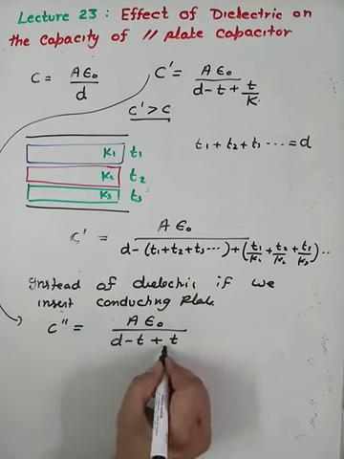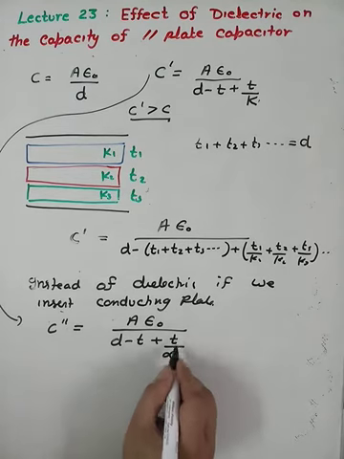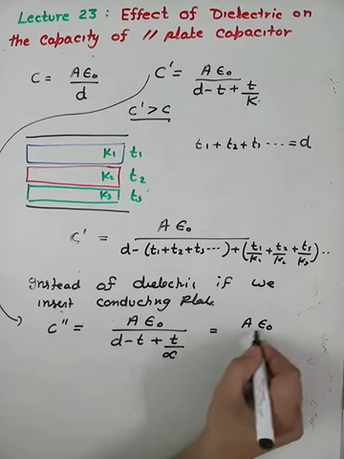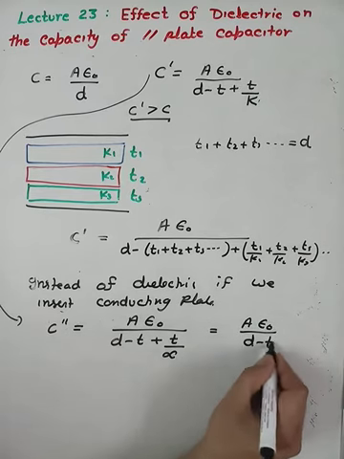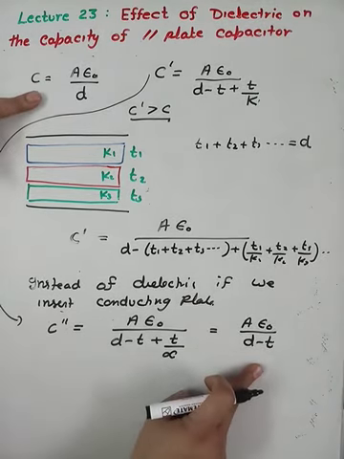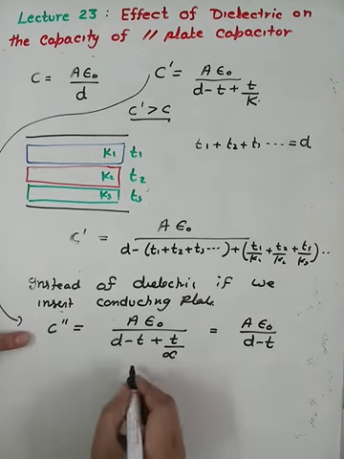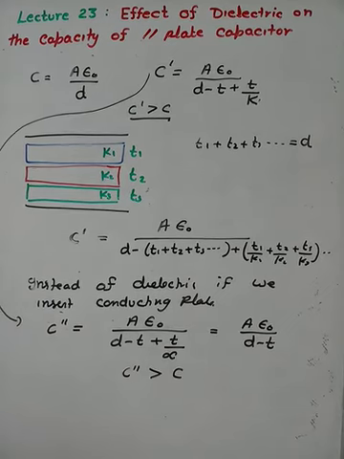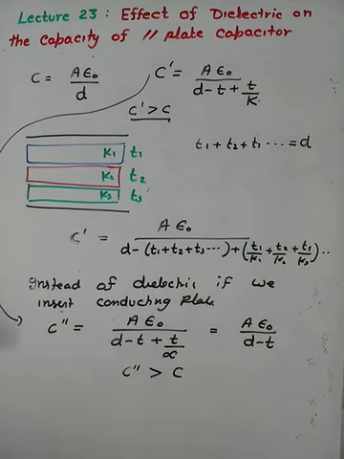For a conductor, K is infinite, and something upon infinity is 0. Again we get A epsilon naught upon (d minus t). Again the denominator is less than d, therefore C double dash will also be greater than C. That means whether we insert a dielectric or a conducting plate, the capacity of a parallel plate capacitor increases.